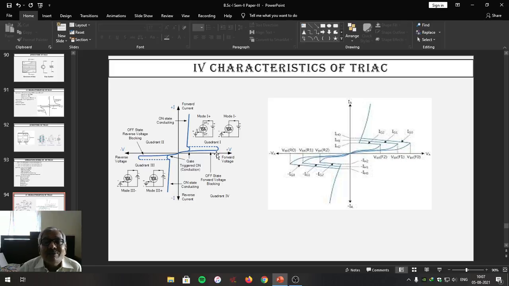As you have studied in SCR, the same thing happens. This is known as the forward blocking region. But the minority charge carriers will carry a little amount of current up to the forward breakover voltage. We can call that region the non-conducting region, or the forward blocking region.